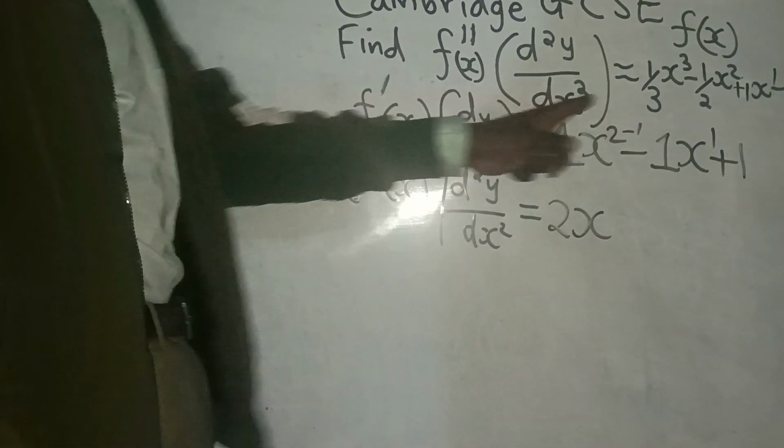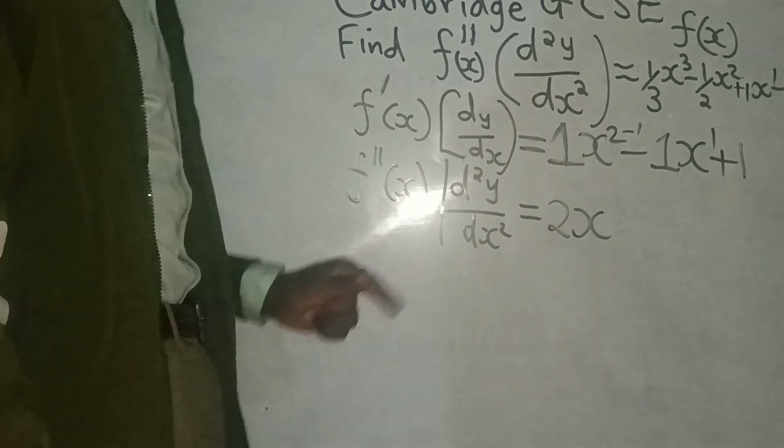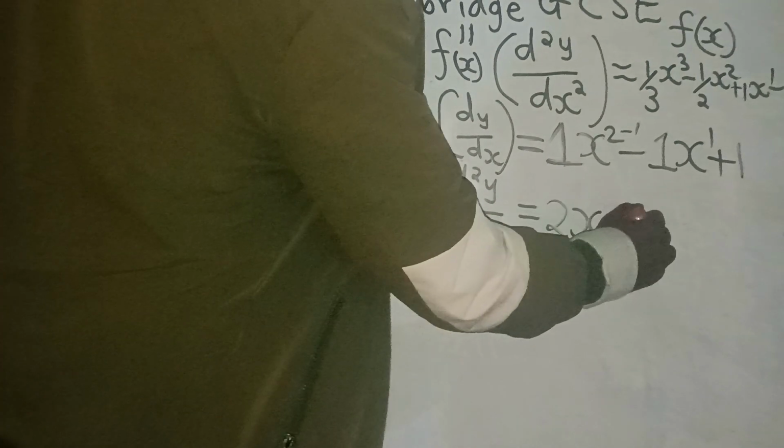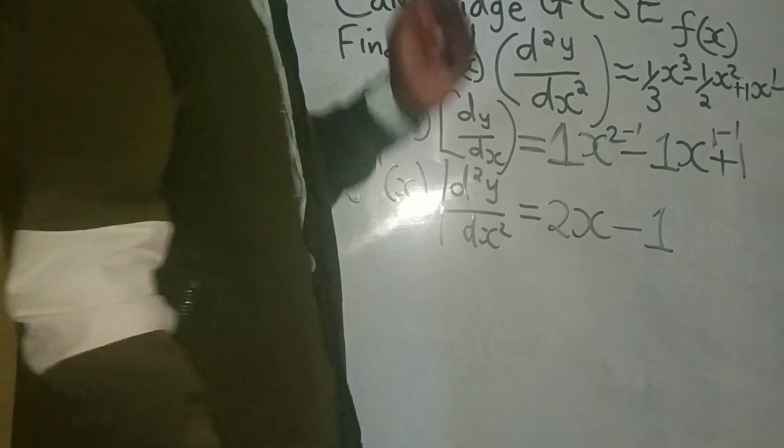We reduce the power by 1. So we take the power 2, multiply by the coefficient, that gives us 2, reduce the power by 1 will leave us with x. Then we say minus, the power again is 1, so we say 1 times 1, that gives us 1. Then we look at the power, it is 1, so 1 minus 1 gives us 0, x is dropped. Then the constant is 1, we drop that constant.